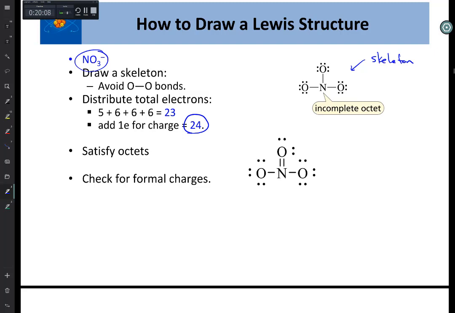Looking at this one, you say, oh, look, incomplete octet, 2, 4, 6. So what do you have to do? You have to draw a double bond, and that's how this structure comes up. That's the final Lewis structure. And then the last thing you do is fill in formal charges, right? I know that's really fast, but this is review stuff.